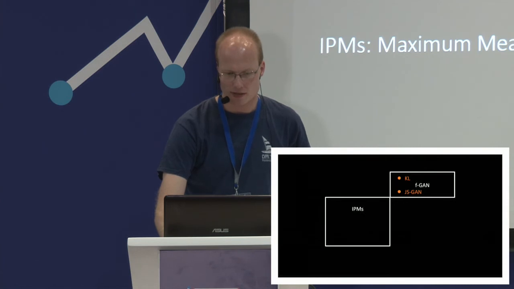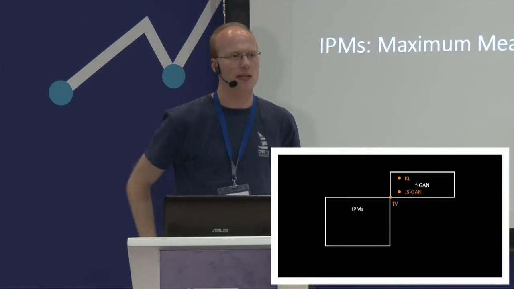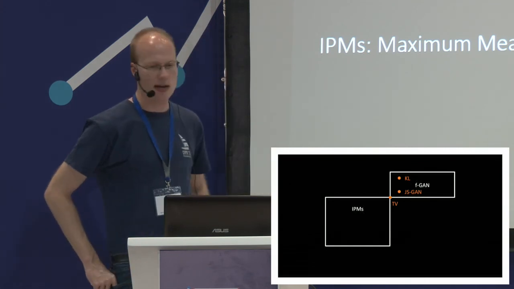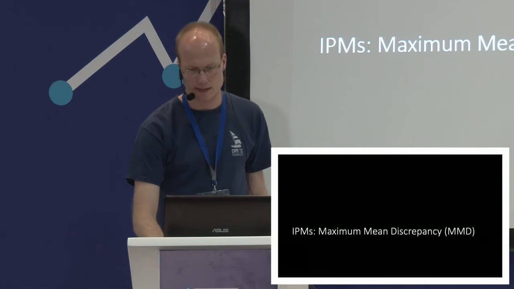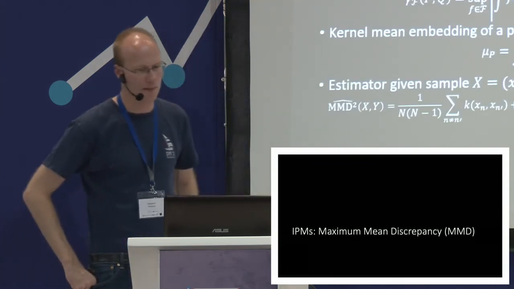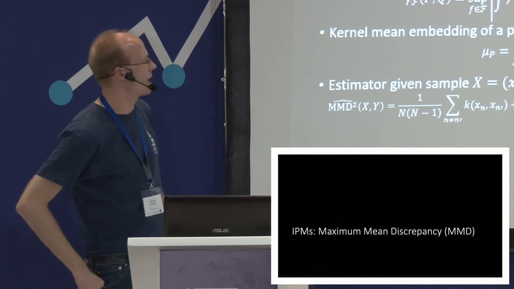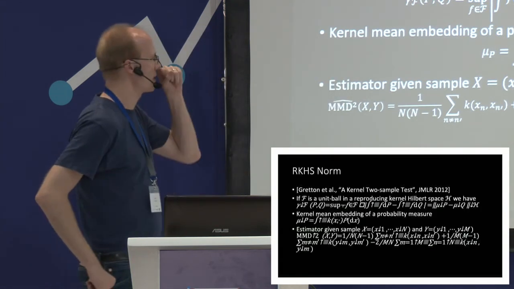So the maximum mean discrepancy is one type of IPM where the set of functions is from a space of functions called the reproducing kernel Hilbert space. It sounds so long and scary, but really it has some very nice interpretations. And I can go a bit high level on this because Arthur has done a brilliant job at explaining this.